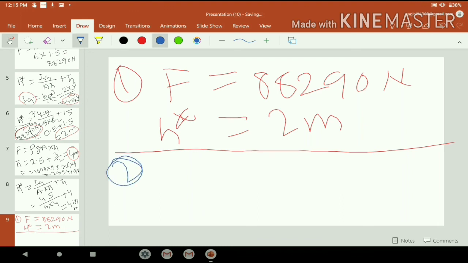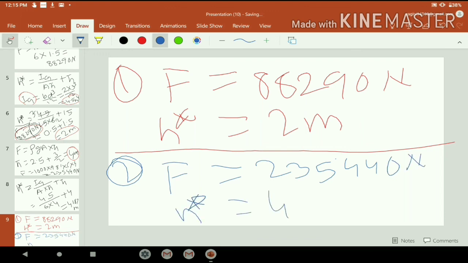For the next question, question number 2, F is equal to 235,440 Newton and H star is 4.1875 meter. So thank you.